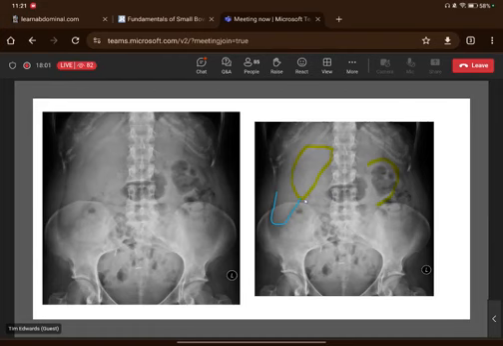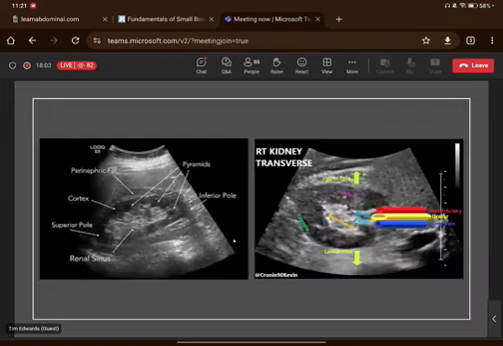So I'm not sure how well this projects, but this is some ultrasound images of the kidney. So in long section, we can see the cortex surrounding the most laterally, and the cortex of the kidney in normal anatomy and without pathology has decreased echogenicity when compared to the liver.